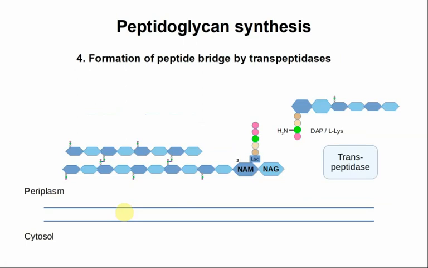So in the pentapeptide, the peptide bond between the fourth and the fifth D-alanine is going to break and be replaced by a peptide bond here. So you get this, and you release one D-alanine molecule into the periplasm that will have to be re-imported into the cytosol.